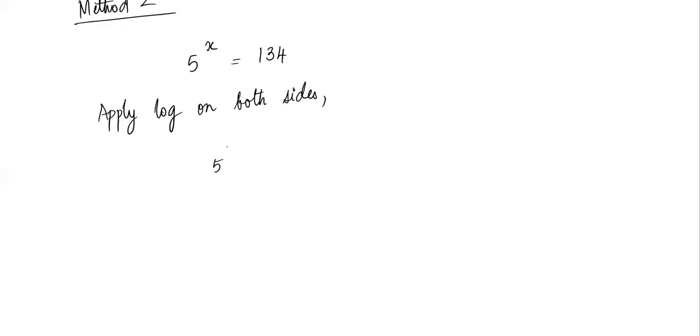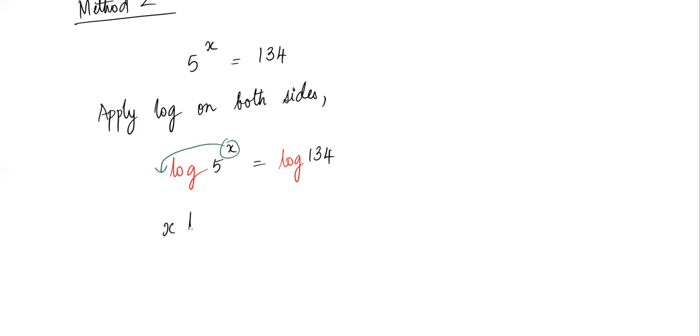So let me write here 5 power x and 134. And I apply log. So this will be log 5 power x, and this will be log 134. Then use the properties of log. In this case, you have the power to be x, so bring the power down. So that goes in front.